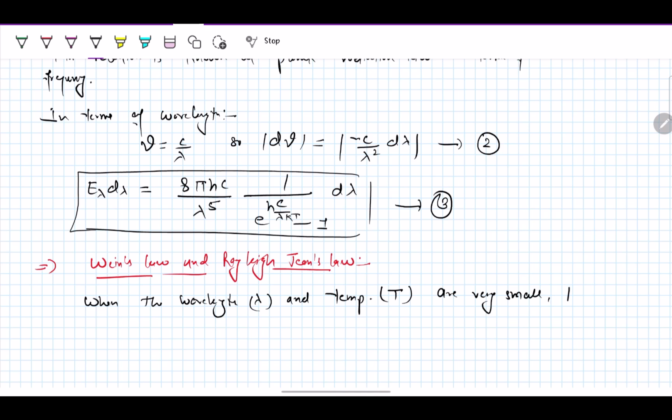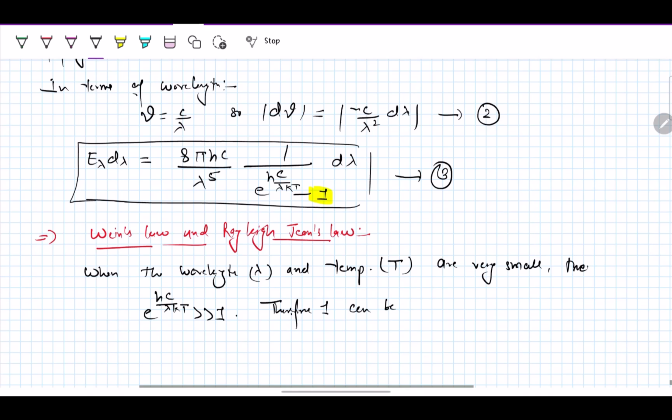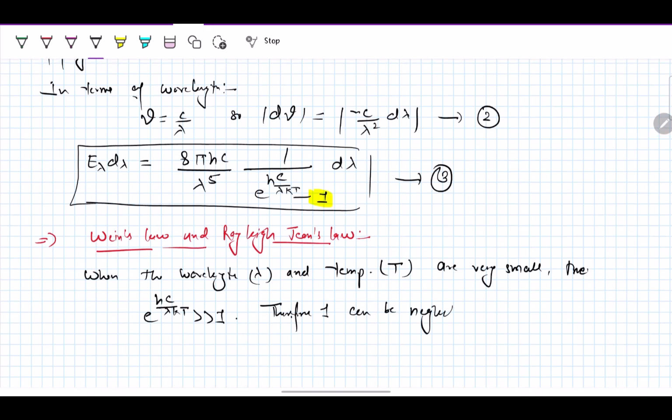Okay, so in that case, this exponential term, e to the h c by lambda kT, is very much greater than 1, right? Therefore the 1 can be neglected from the denominator.